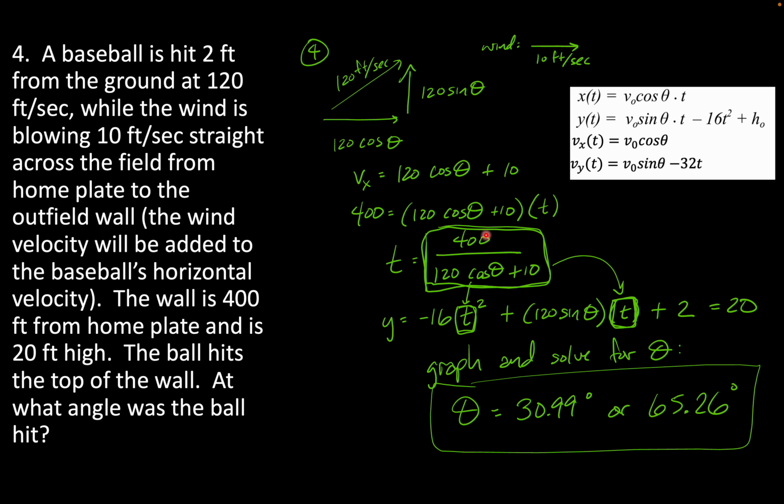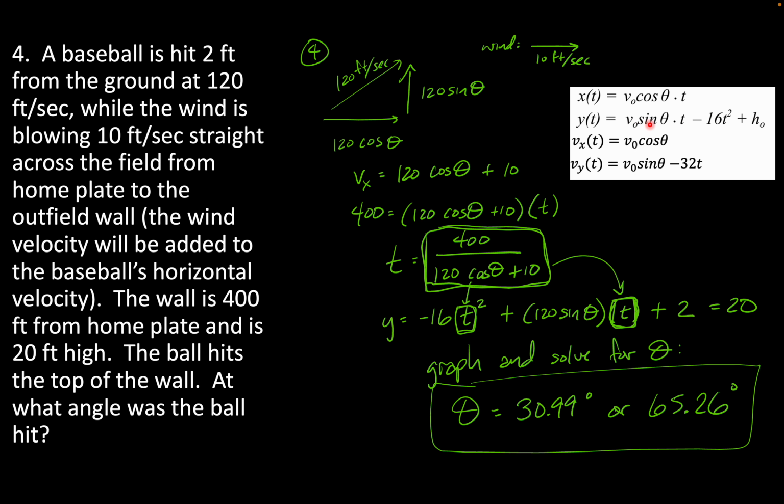Now to figure out the angle at which the ball was hit, I'm also going to use the 20 feet, which is the vertical distance. So the 20 feet of vertical distance over here, which is my y, also needs to match this equation for the height of the ball.